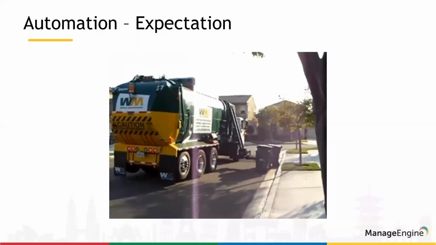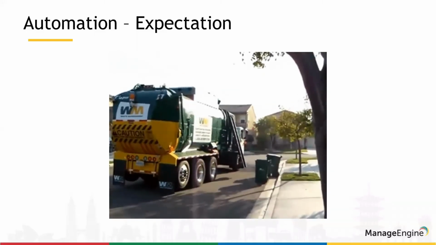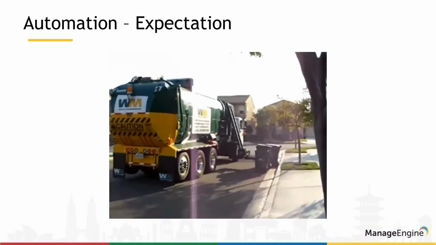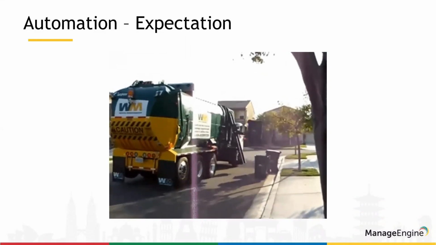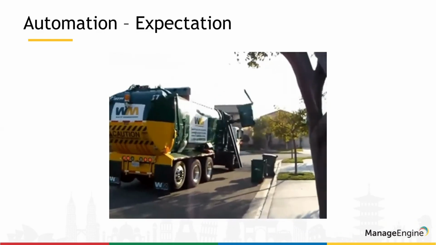Now I'd like to give you a very important piece of information, a crucial feature that we have when you talk about automation. What you're seeing on the screen right now is a very basic example of automation in theory. In theory, automation is flawless. It usually does what you want it to do.